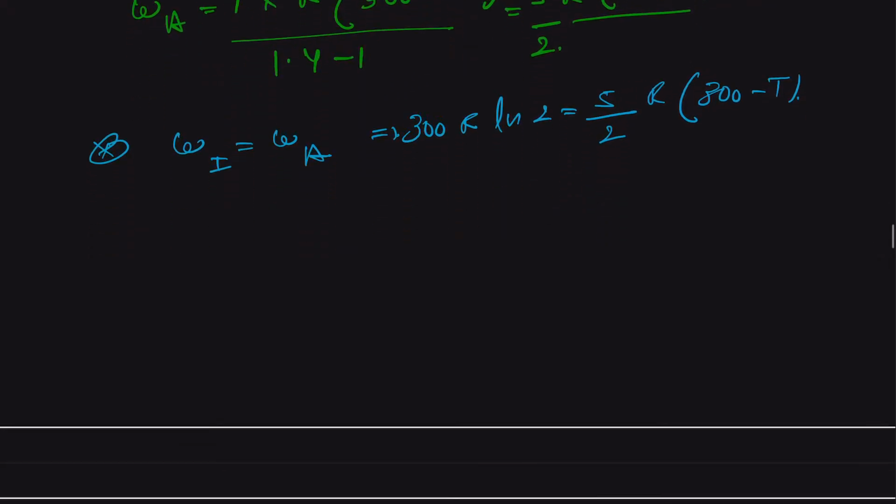This will be 600 divided by 5, that will be 120. R and R cancels out, so this comes as 120.